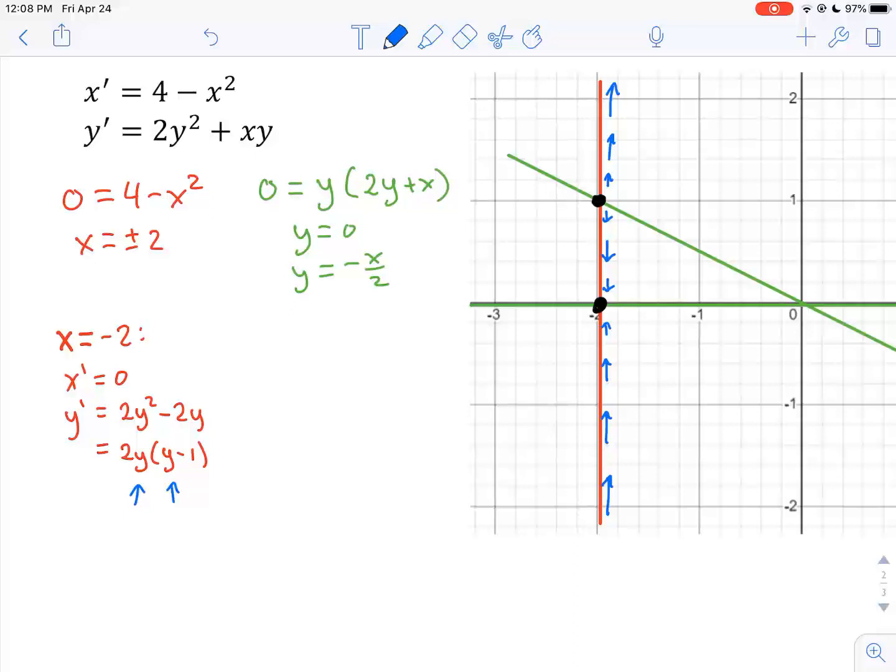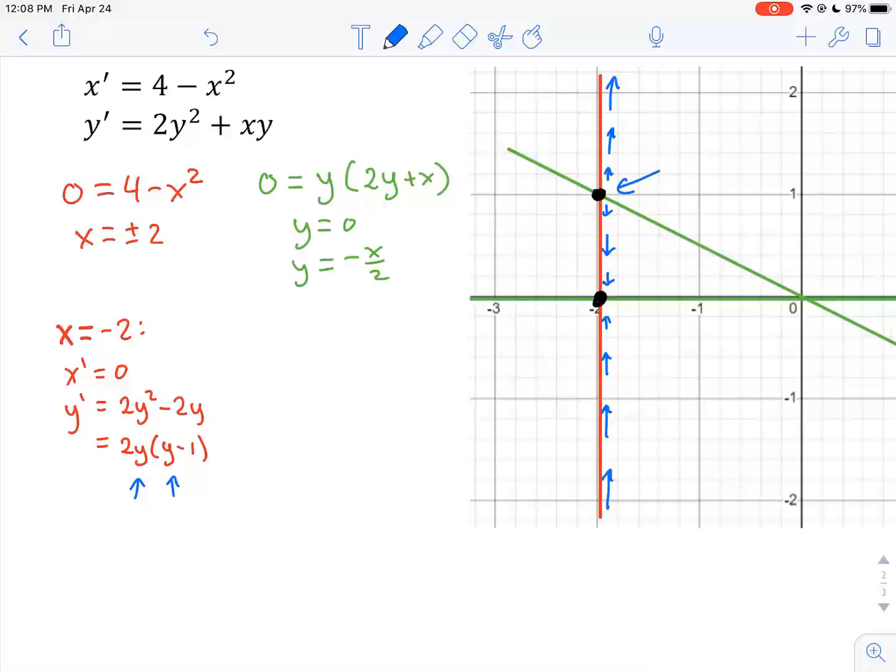If you might remember when we did one-dimensional analysis, it looks like we have something that looks kind of like an unstable equilibrium point, at least along this vertical line, and here we have a stable one, at least along this line. Solutions go away from one and approach the other.